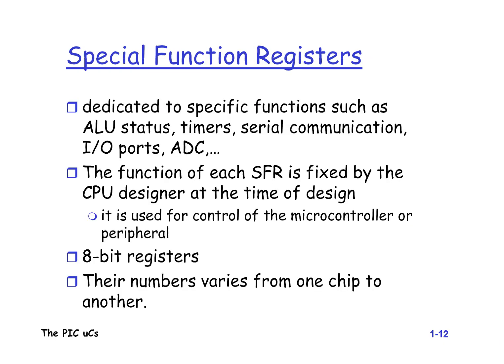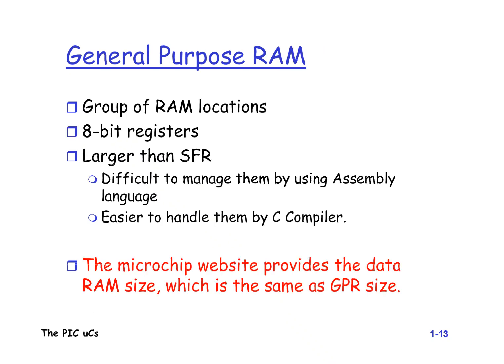The special function registers are 8-bit registers, and the number of these registers varies from one model to another. And then we have the general purpose registers or the general purpose RAM.